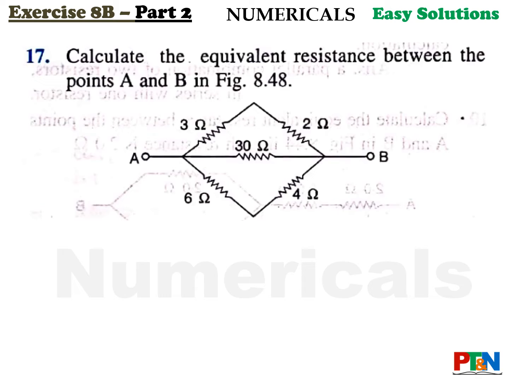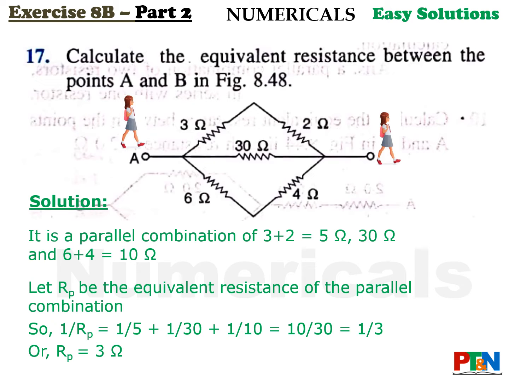Calculate the equivalent resistance between point A and B in figure 8.48 shown below. So we need to find out the equivalent resistance. Let's look at the solution. As we know, we have to walk from A to B and see the resistances. So here it is basically a parallel combination of three lines.